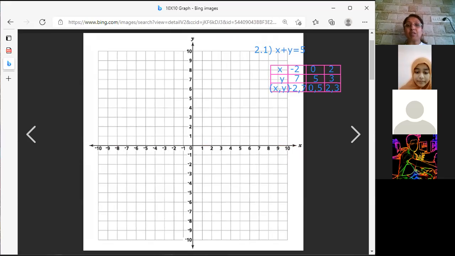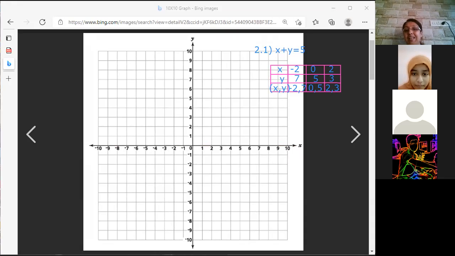Now tell me, where am I going to get -2 and 7? Where is it going to come? -2 is negative and 7 is positive. In the second quadrant. Can I say it is going to come here? My next number is 0 and 5.